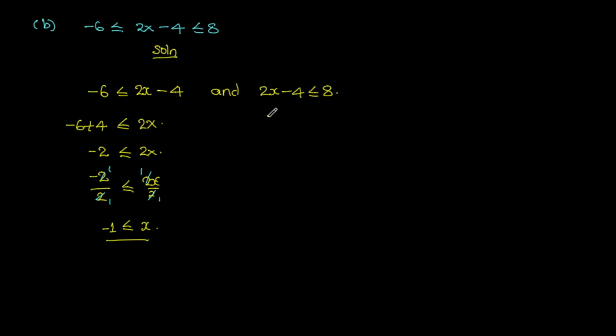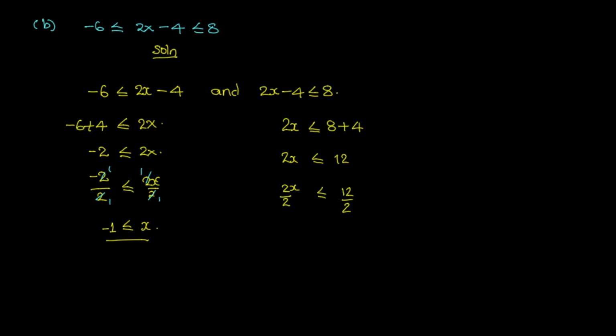Let's again move to the solution on this side. So we can collect like terms as before, and we have our 2x is less than or equal to 8, and this time we have plus 4 when negative 4 crosses the sign. Now here we have our 2x, this one has simplified to 12. Then because we're getting x, we have to divide both sides by the coefficient of x, that is 2, such that we have 12 divided by 2.